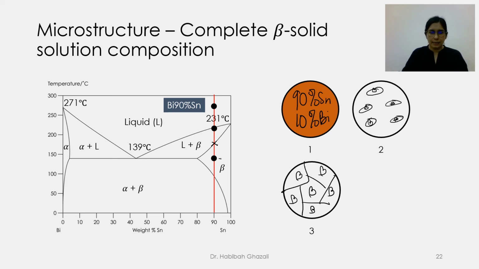But as you can see, as the temperature drops, it will touch the solvus line. As I explained in the beginning, the solvus line represents the solubility limit of bismuth atoms inside the crystal structure of tin.